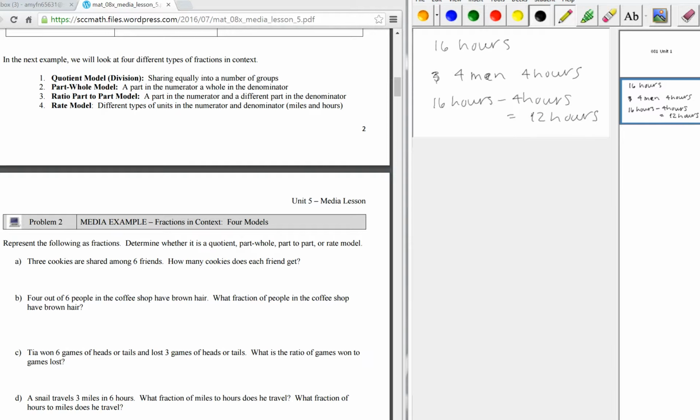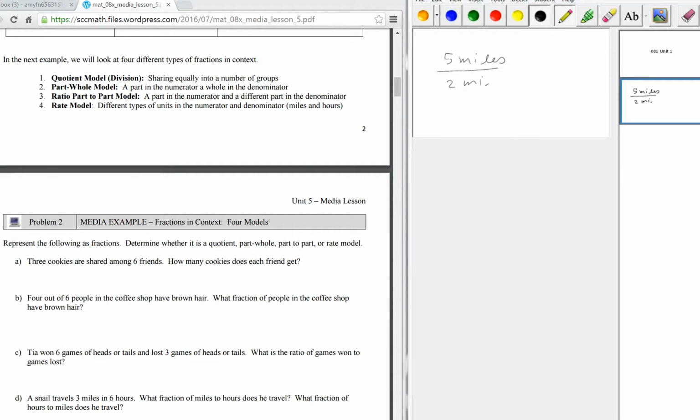Okay. Or if we have a ratio with the same type of units, so if we have 5 miles over 2 miles, we could keep the units in there, but officially they cancel out, and we would say our answer is dimensionless, meaning it doesn't really have a unit, it's a scalar multiple. Okay.